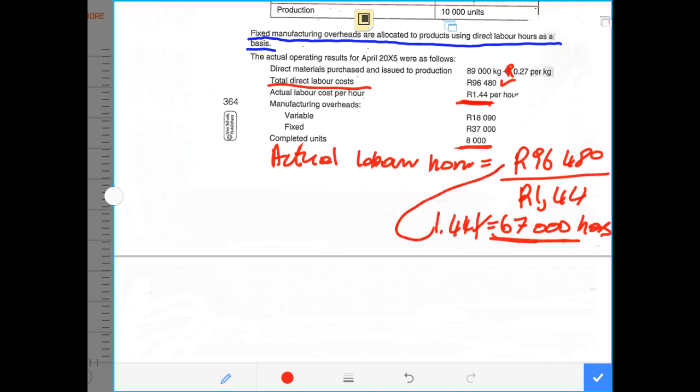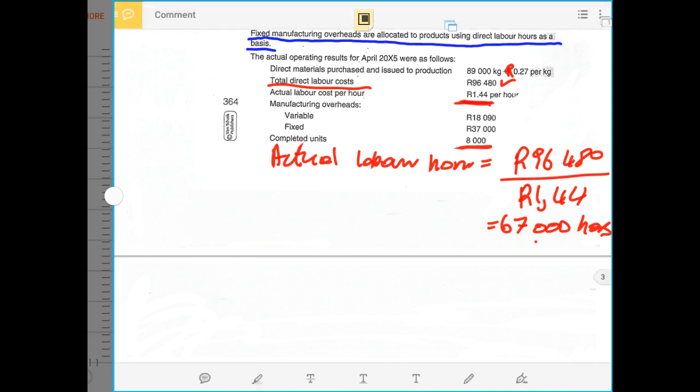This will give us the total cost of labor, because employees were paid 1.44 per hour, and it took 67,000 hours for them to complete the 8,000 units. Therefore, the total cost of labor is exactly what is given in this scenario. Please also remember that this exercise gets linked with other questions in terms of information that you need to know.